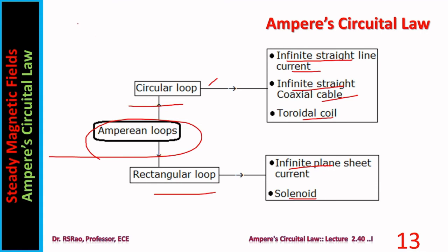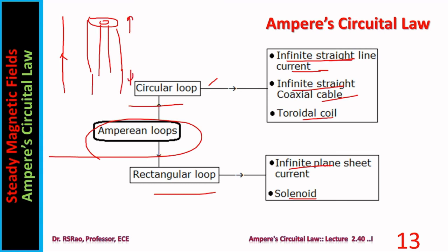If you consider a straight conductor, infinite upwards, infinite downwards, carrying a certain current, then that is an infinite straight line current. An infinite straight coaxial cable means a coaxial cable with an inner conductor and outer conductor, lengthwise infinite upwards and infinite downwards.